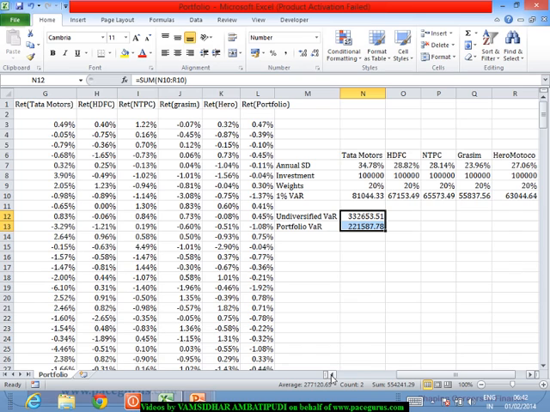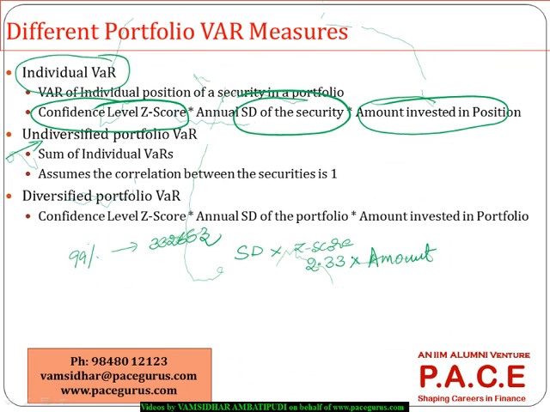The other way of finding out the portfolio standard deviation: here I have directly taken the returns and got it. But otherwise, for the portfolio variance we had a formula: W1 squared sigma 1 squared plus W2 squared sigma 2 squared plus 2 W1 W2 sigma 1 sigma 2 into the correlation, or these three combined together, which is the covariance between security 1 and 2.